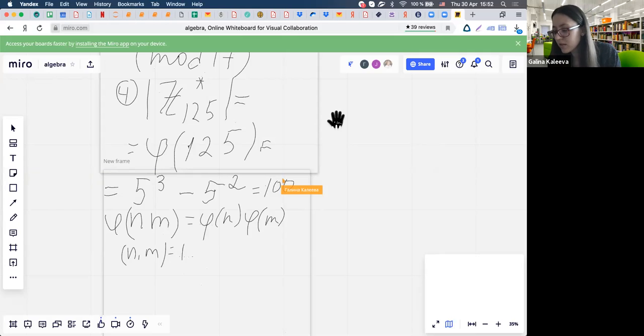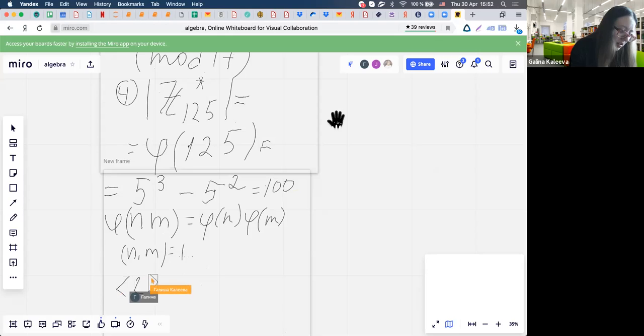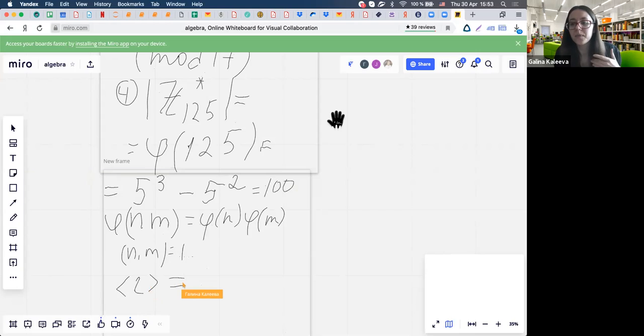Spoiler: one of these generators is 2. So this group can be generated by 2. And you can easily find the 100th power of 2 using the explanation from the previous problem.